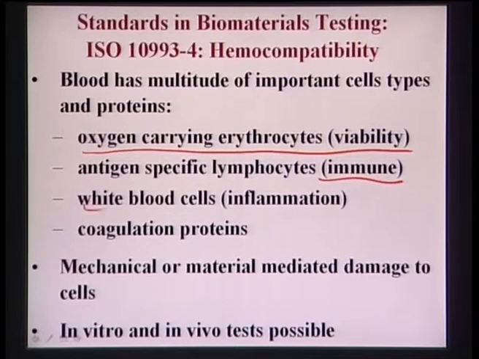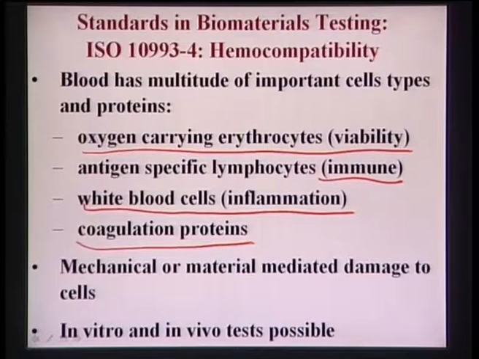Then white blood cells, the WBCs, are responsible for inflammation, and there are some proteins which help in the coagulation of the blood tissue. Another important thing is the mechanical or material mediated damage to cells. What is meant is that whenever a material experiences some kind of mechanical stress, that external stress can also cause damage to the blood tissues.